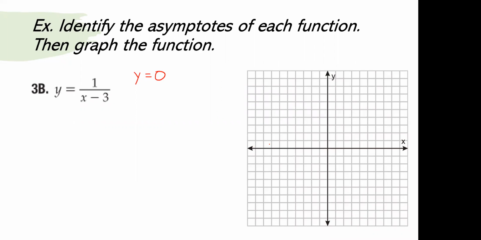So y is 0 here, and this is where my horizontal asymptote would be.